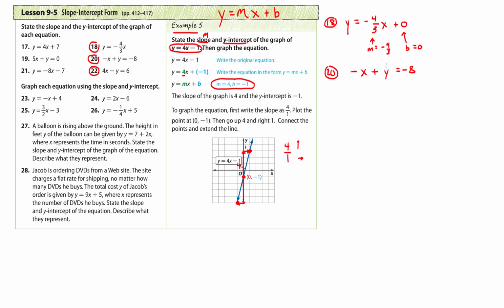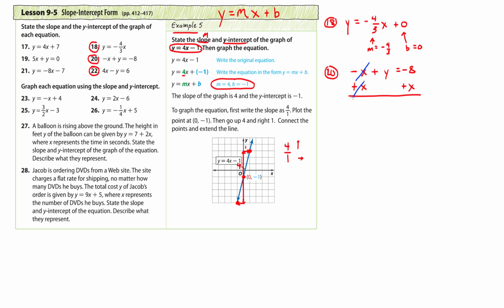We have a negative x on that side, so I want this negative x to not be over here. If it's a negative x, I'm going to put a plus x; a negative x will be canceled out with a plus x, but I have to put a plus x on both sides of the equation. So this will cancel out here. I'll change colors so we can see it.